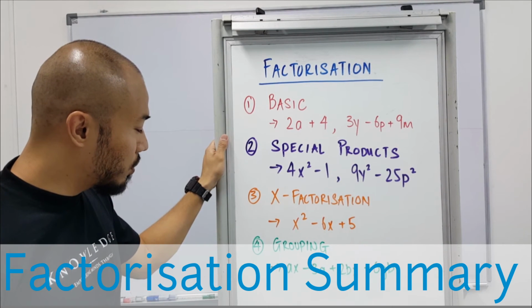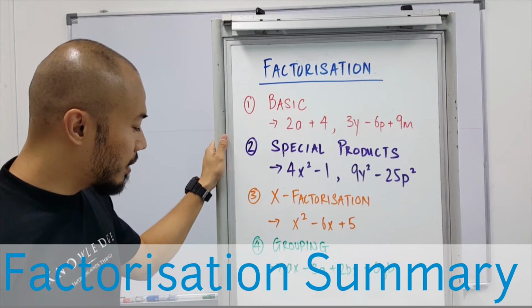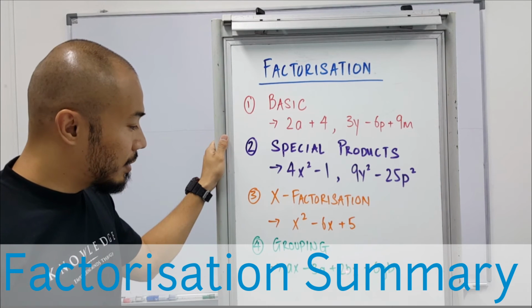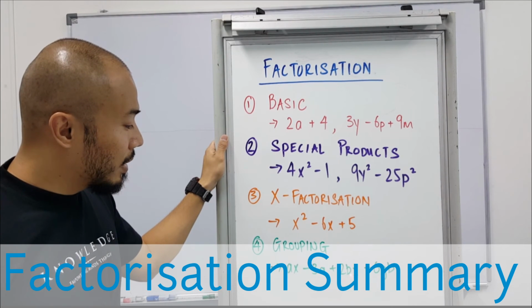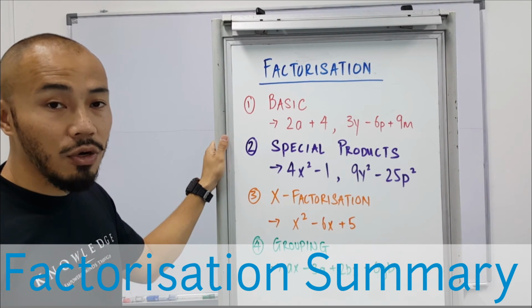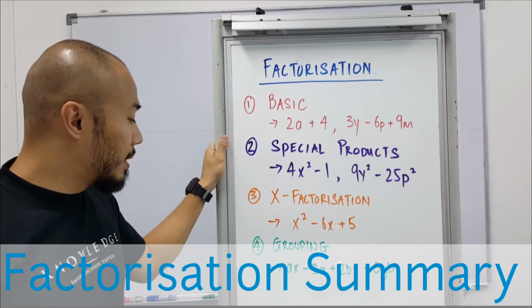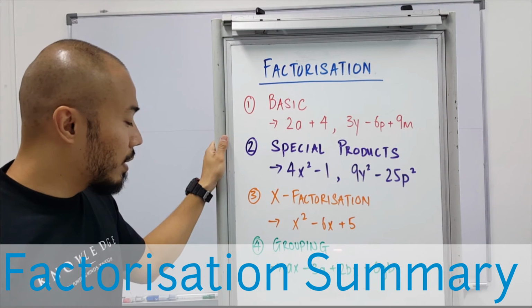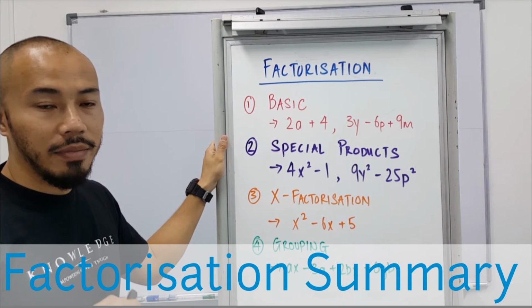So between the first 2 terms, I can see that a and this a are common factors, and the third and the fourth term, the b and these 2 b's are common factors, as well as 2 and 6. They have a common factor. So this will form the features for factorization by grouping.